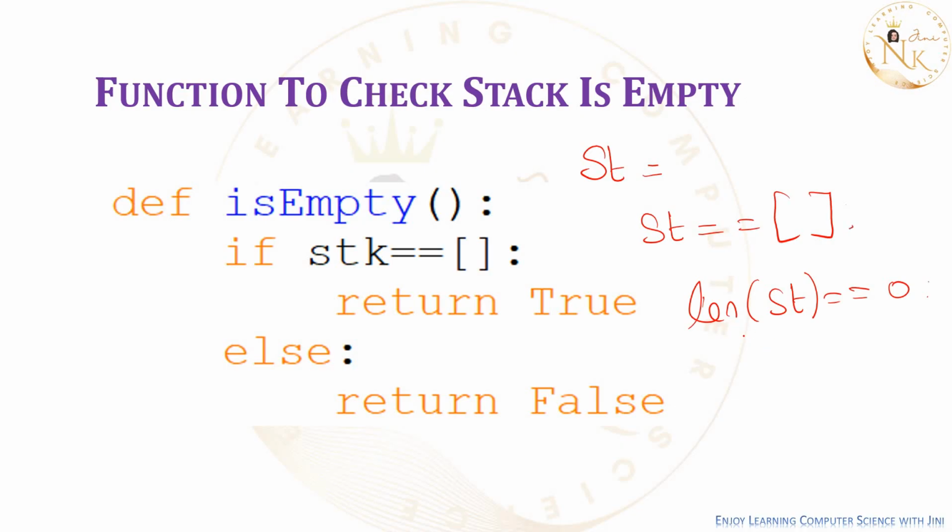Always remember the stack is nothing but a list. How will you find out whether a list is empty or not? Either it should be an empty list or the length of the list should be 0. This is how you check. So if stack == [], return True, else return False.